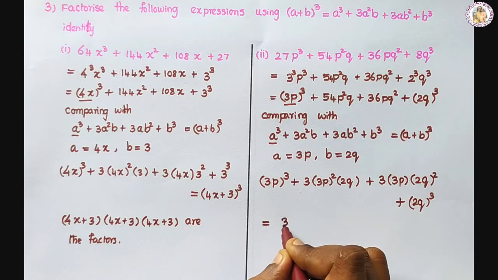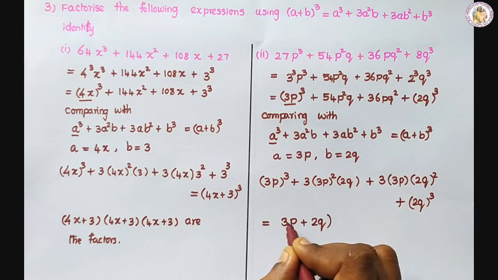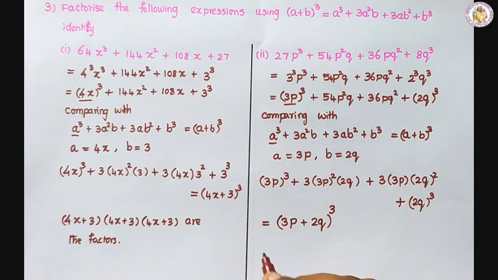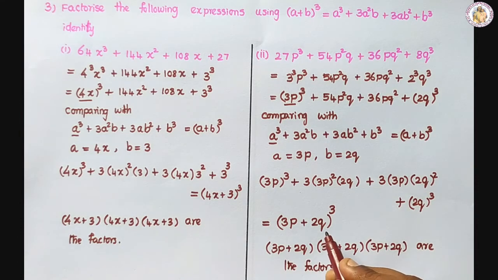So a is 3p plus b is 2q, whole cube. That is the answer. Here the factors are (3p plus 2q) into (3p plus 2q) into (3p plus 2q). Whole cube means (3p plus 2q) into (3p plus 2q) into (3p plus 2q). That is the answer.